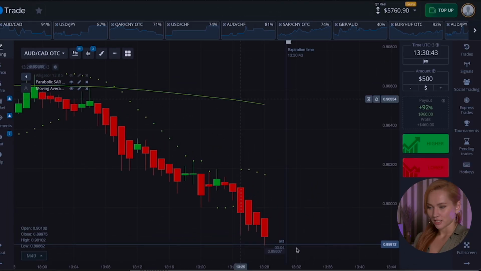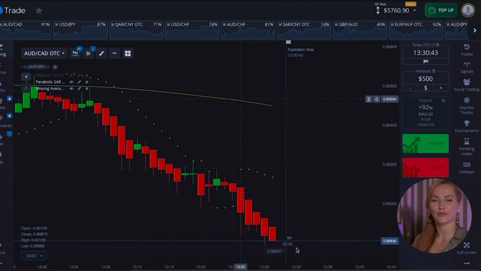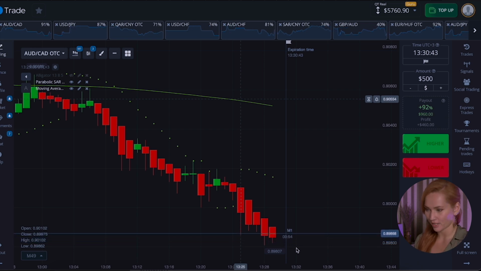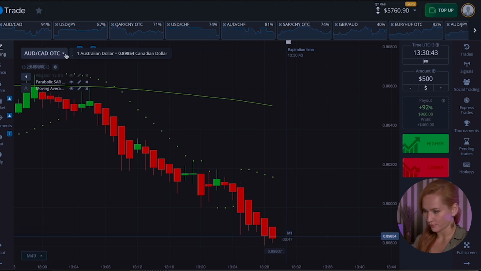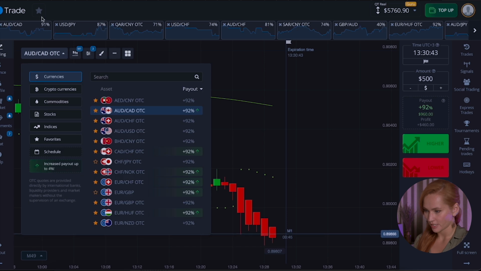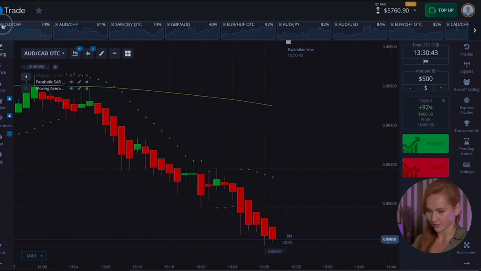Now let's look at a few deals in practice. So let's see how the three currency pairs I told you about today work in practice. Let's find them. First, let's find the necessary pairs and close the unnecessary ones.